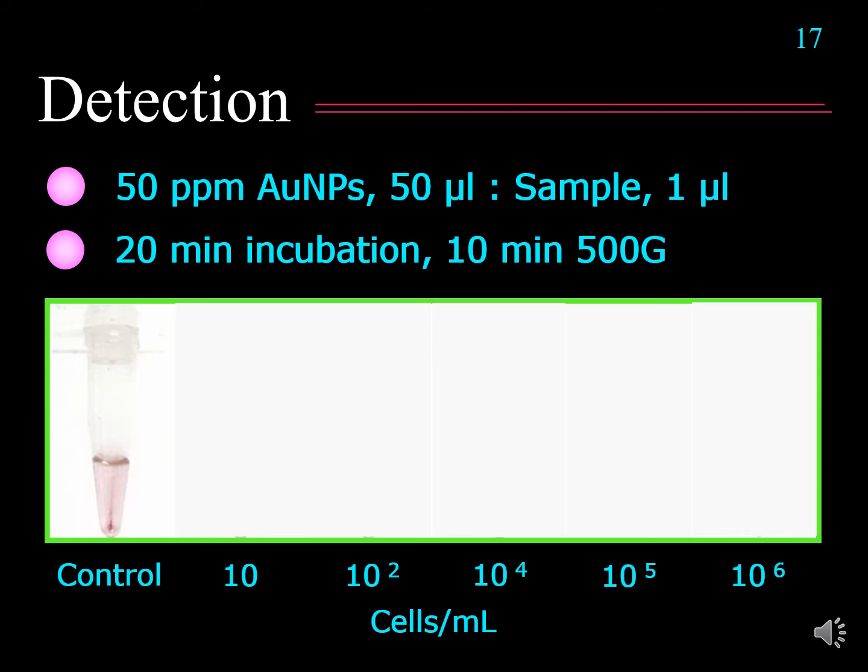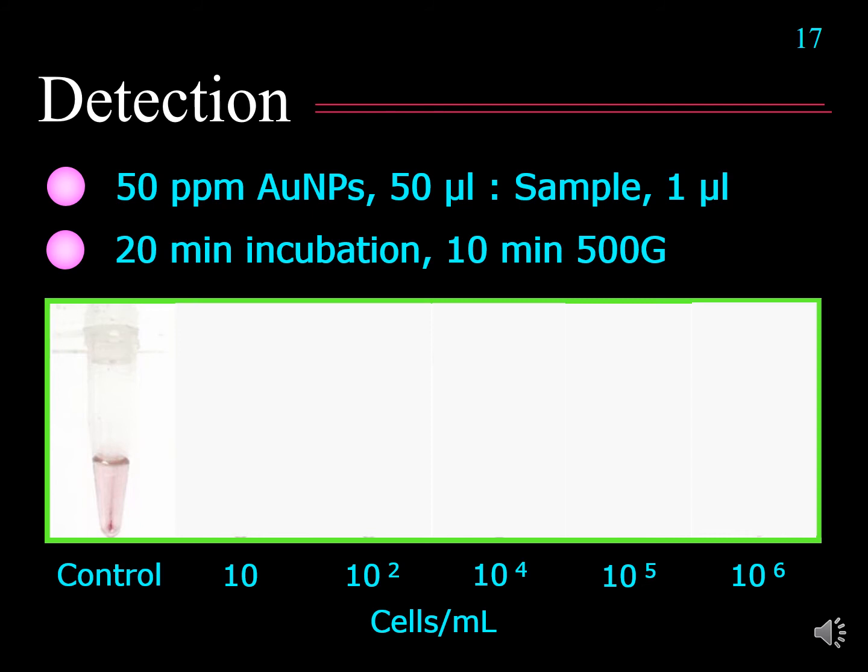Then we add 1 microliter of the sample. In this case, we developed gold nanoparticles attached with PEI and antibody, so we can use this to detect Leptospira interrogans.